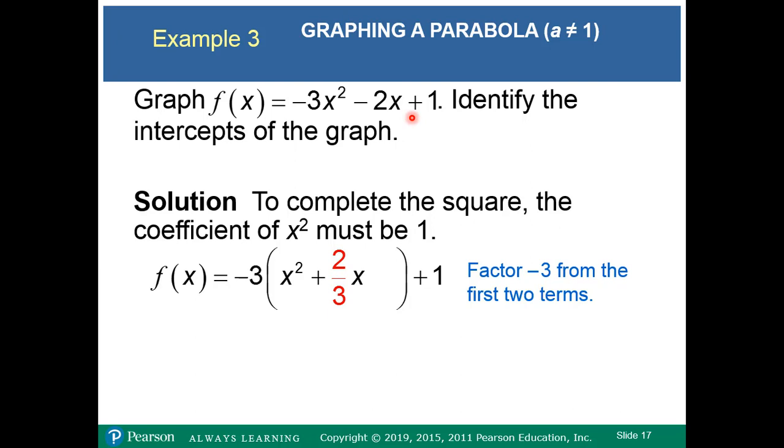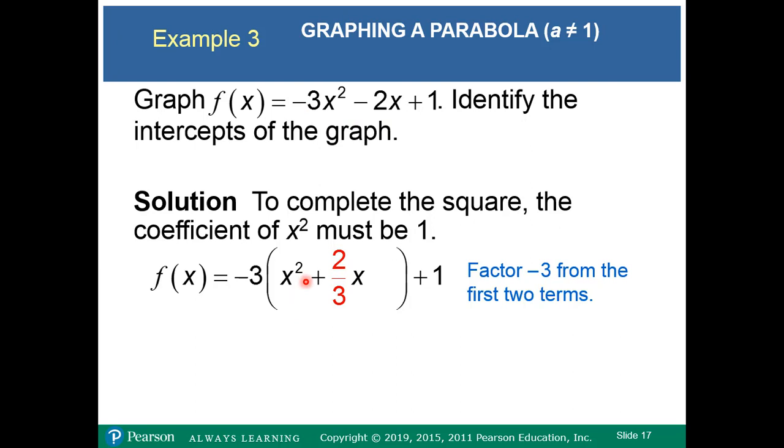Now, notice that here they have positive 1 here. Okay? So they factored out -3 from the first 2 terms. You're going to find there's more than one way to do this, but let's just go with what they're doing. So they're isolating the 1, and then they're factoring this.